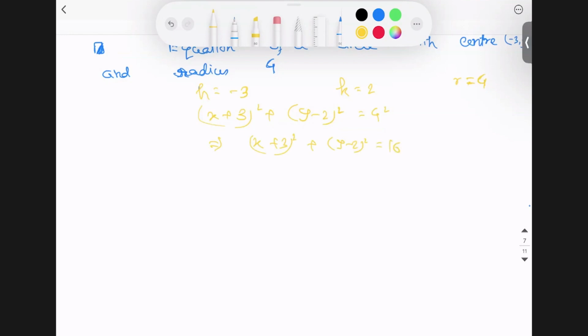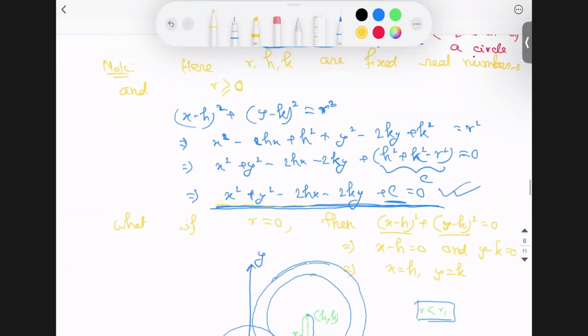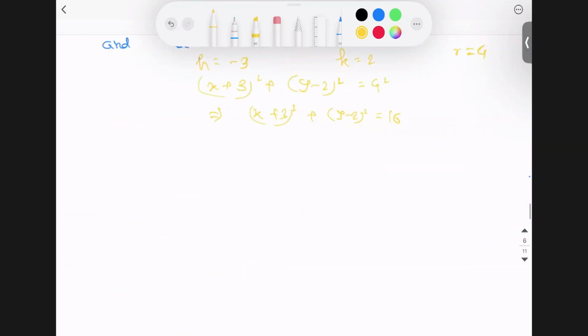Now if I proceed further, let us write a little bit: x square plus y square plus 6x minus 4y plus 9 plus 4 minus 16.